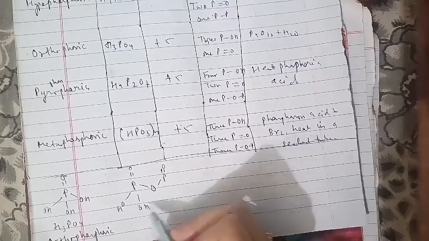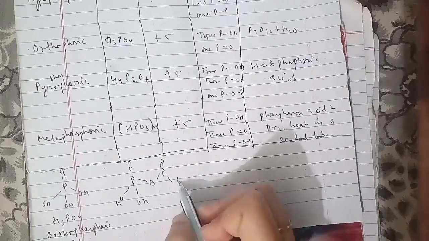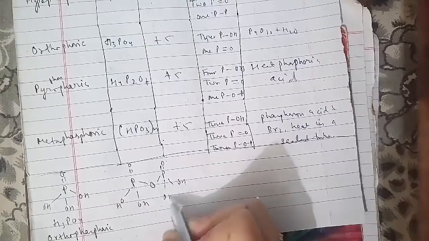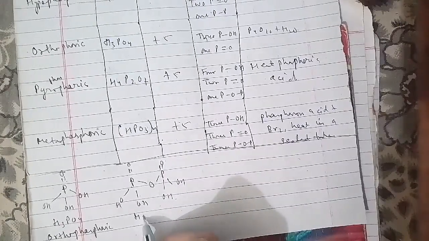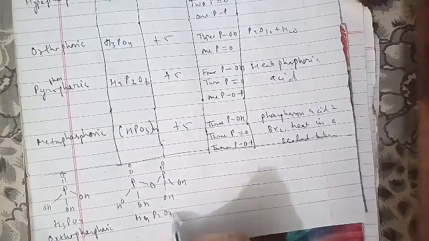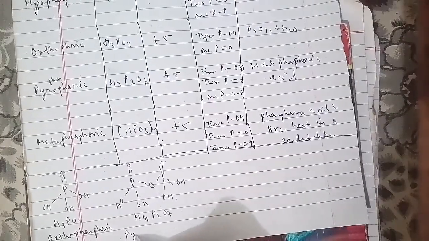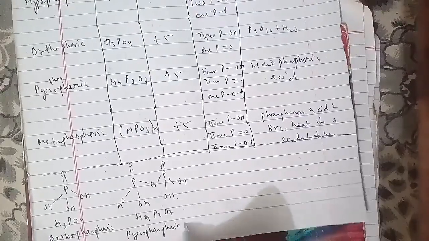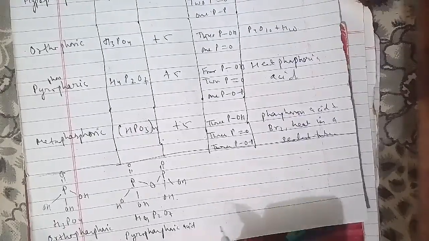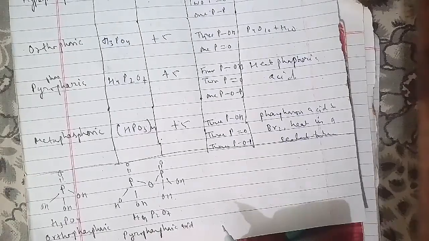The another structure we have is P double bond O bond H bond H bond OH. This is your H3PO2. The name is hypophosphorus acid.